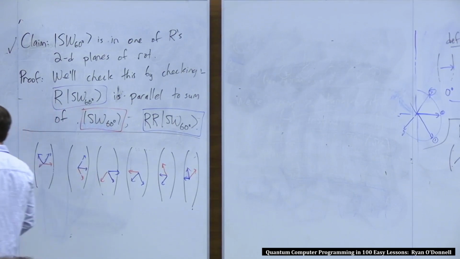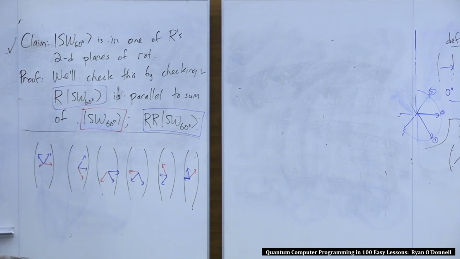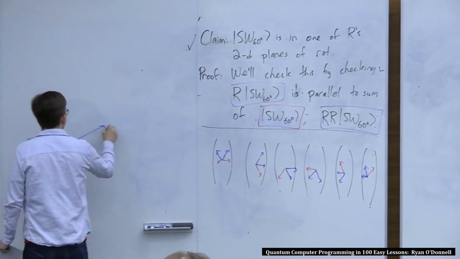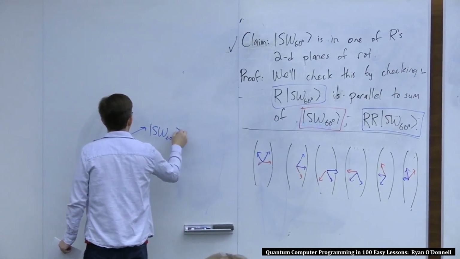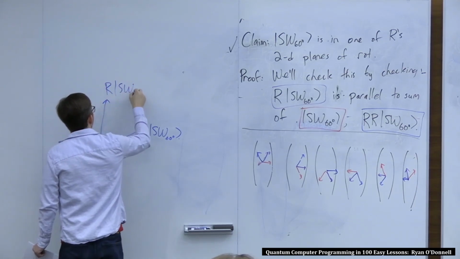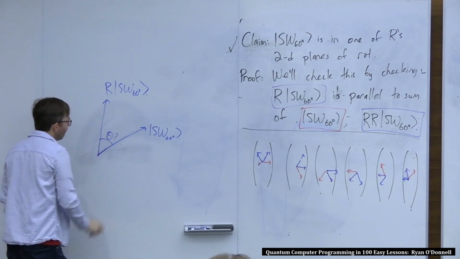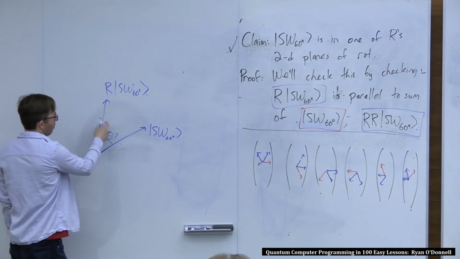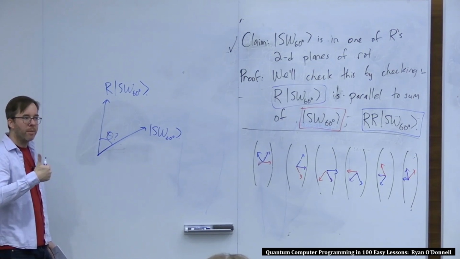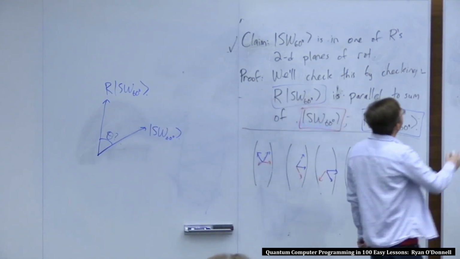So let me draw the diagram over here too. This is some high dimensions. We start with the steering wheel state, and then we apply R one time to it. And if we don't know anything, we want to know, hey, what is this angle? Well, the thing to do is try to compute the dot product between these two vectors. And if the dot product is cos 60 degrees, then you say, hey, great, that means the angle is 60 degrees. So let's try that.